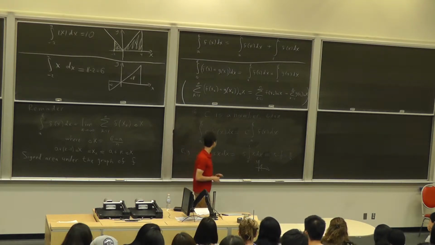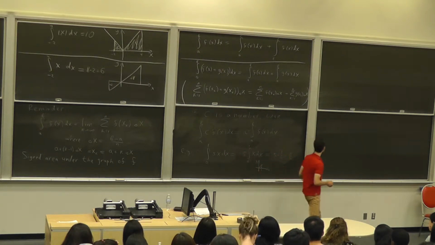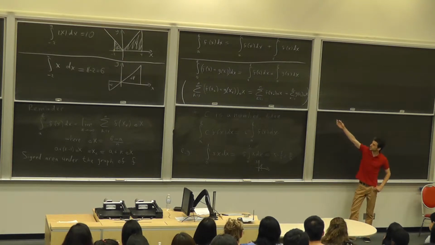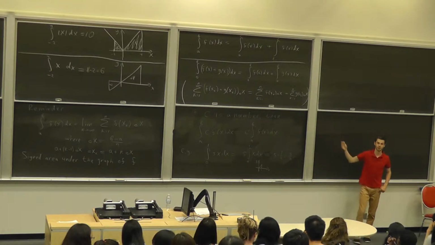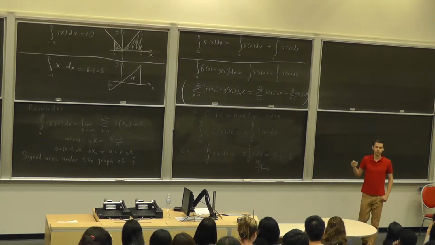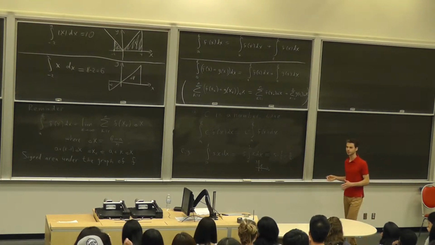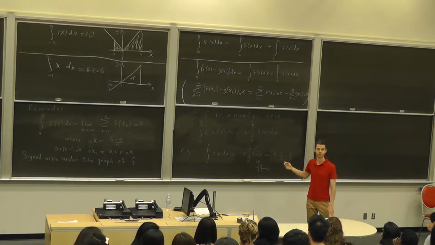For instance, we can't even for now conclude what's the integral of x squared. And the problem is, well, the integral is defined as an infinite sum, and we don't really know that many sums. So if we learn to evaluate some sum, well, then we can evaluate the corresponding integral.